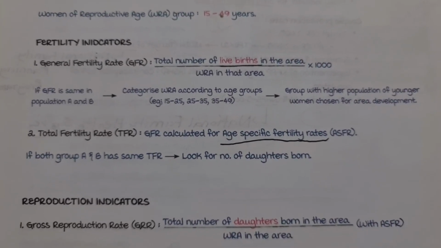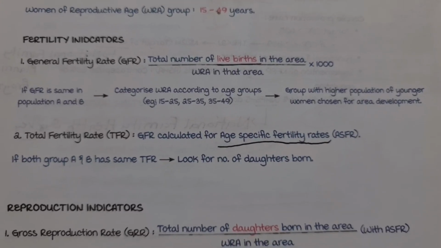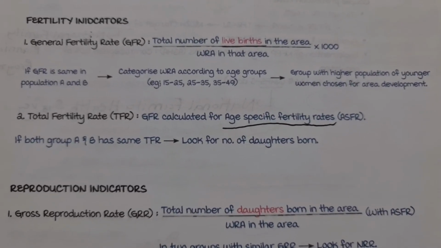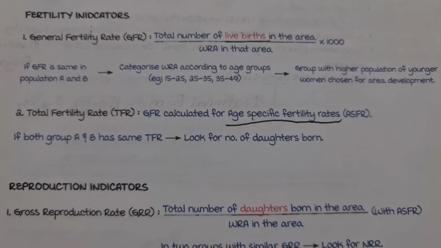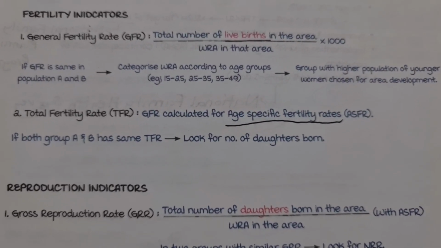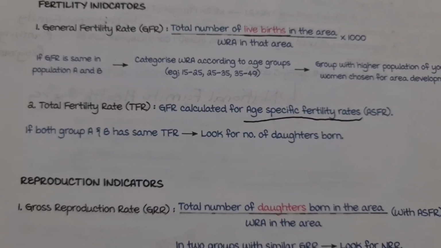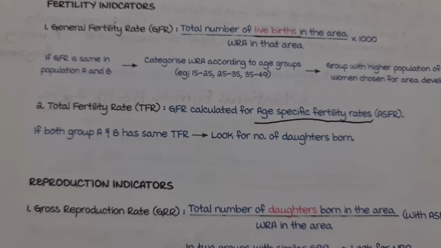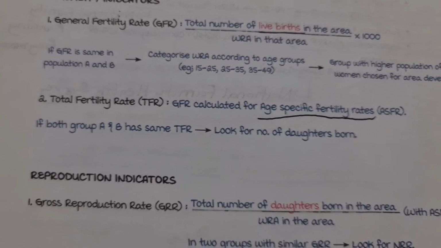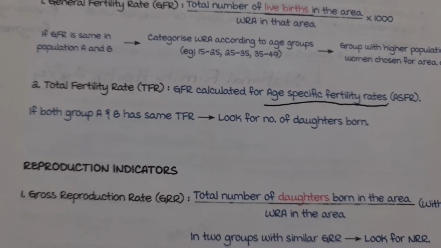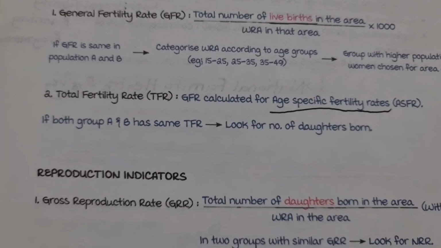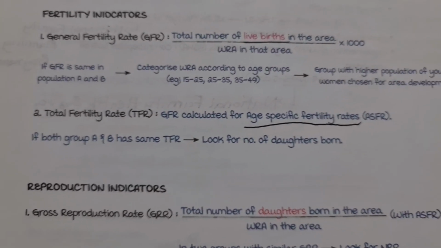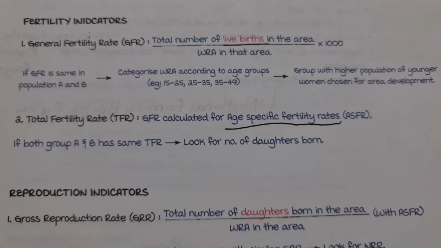The next indicator is the total fertility rate. The total fertility rate is the average number of children a woman would bear during her entire reproductive life if she were to experience the current fertility rates. The total fertility rate is the best indicator of fertility.